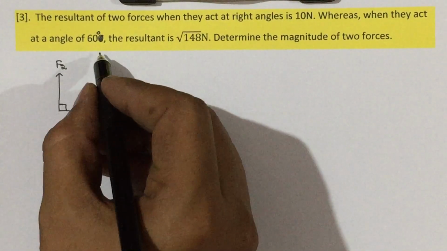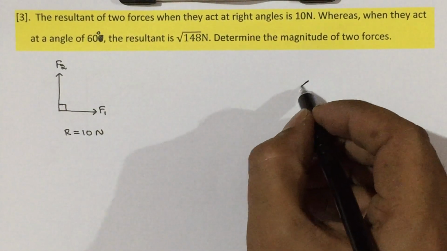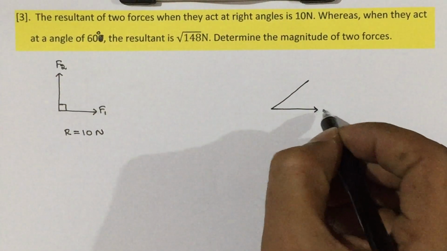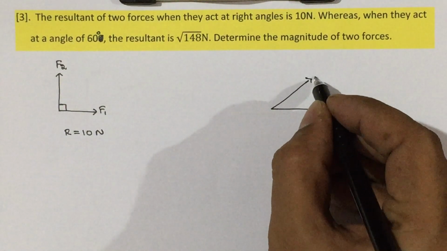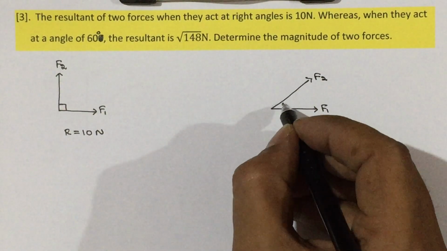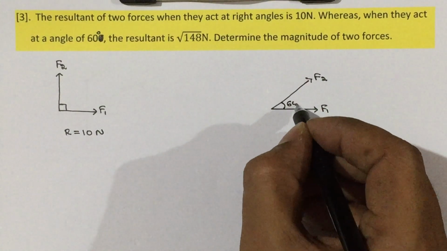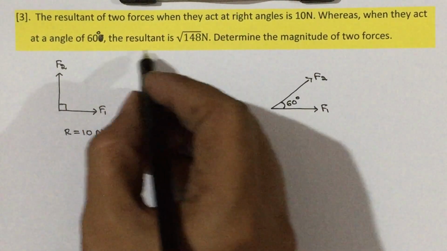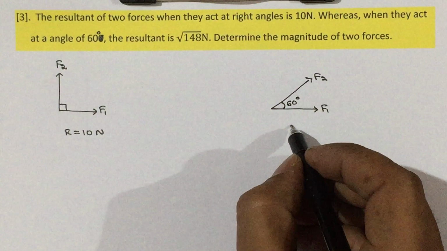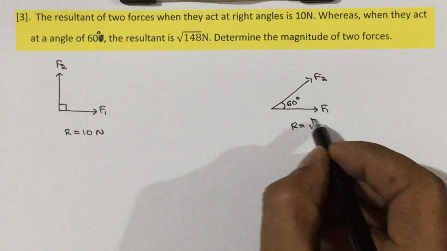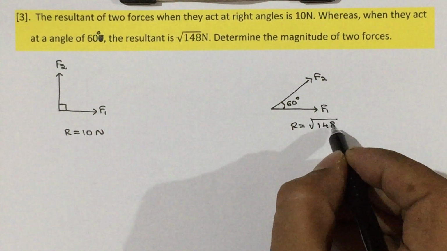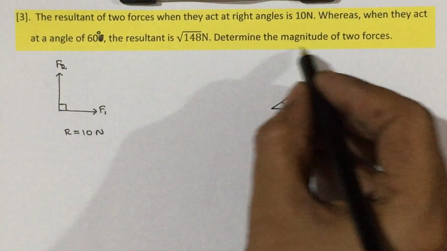Whereas, when they act at an angle of 60 degree, let us consider again two forces, F1 and F2, acting at an angle of 60 degree. At that time the resultant is square root of 148 Newton. So, what we need to determine?